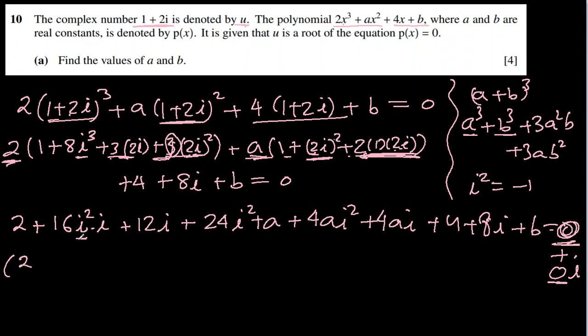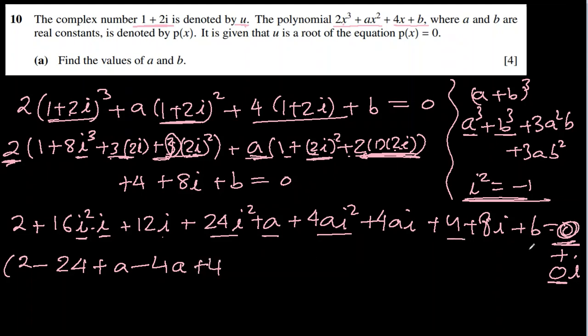So 2 I have here, and this has imaginary part still there. This has imaginary part. Okay, this one is minus 24 now because i square is minus 1. Okay, a is real part. What else? Yes, this is also minus 4a because i square is minus 1. Alright, this is imaginary. This is 4 plus 4 and b.